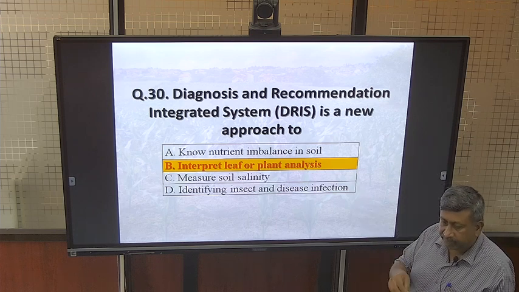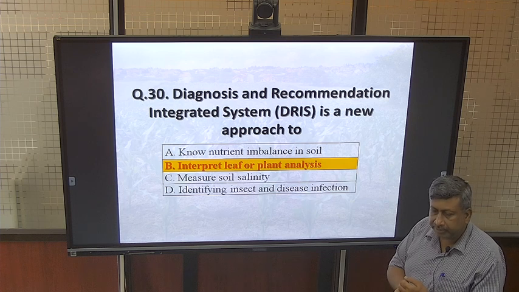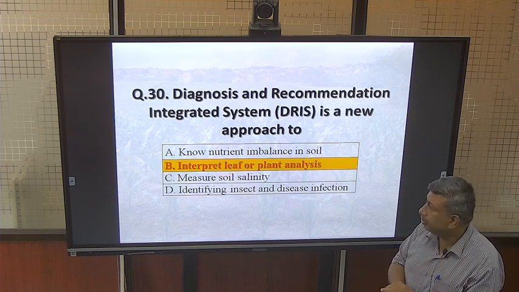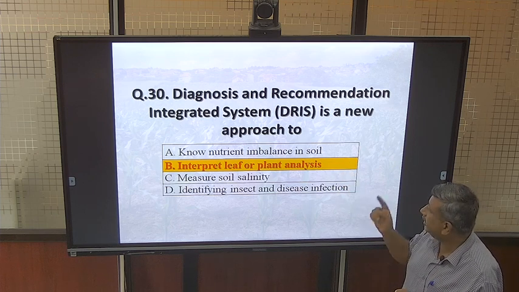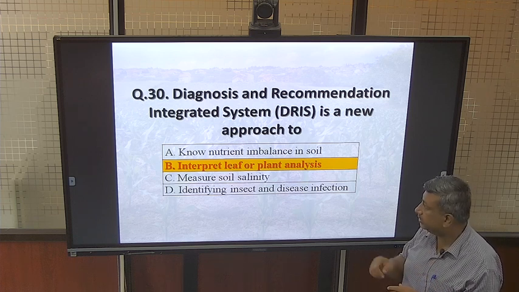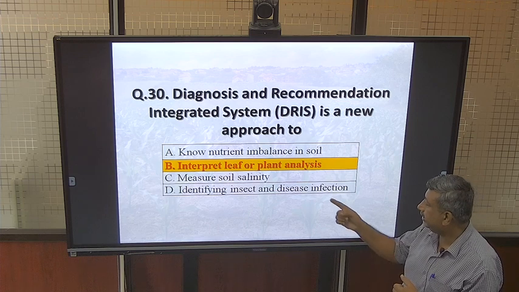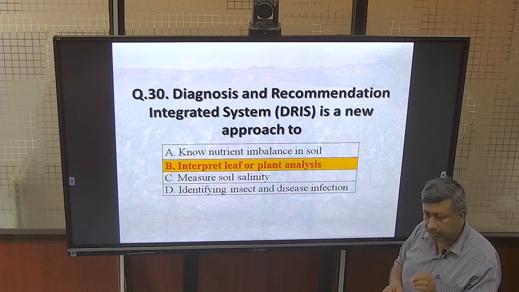We analyze the leaf or plant to find which nutrient is deficient, and then accordingly we apply the nutrient. That is why it is known as diagnosis of nutrient deficiency. Then recommendation, how much nutrient we should apply to correct the nutrient deficiency. It is known as Diagnosis and Recommendation Integrated System, and it is related to interpreting leaf or plant analysis with respect to its nutrient content.